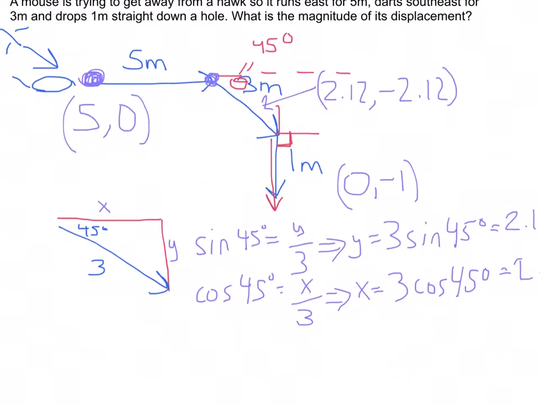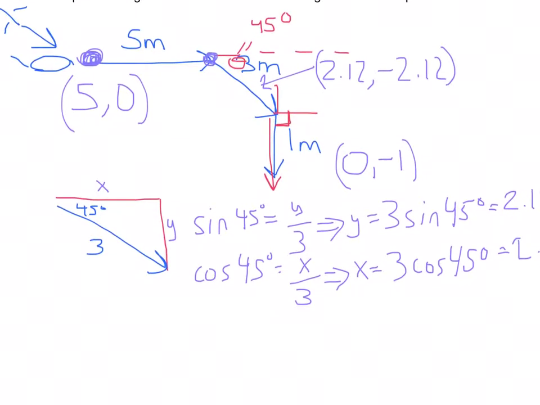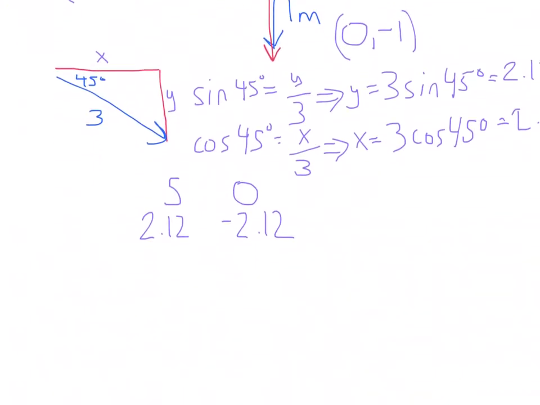So now what we want to do is take these components and add them. We got 5, 0, 2.12, minus 2.12, and then we got 0 and minus 1.